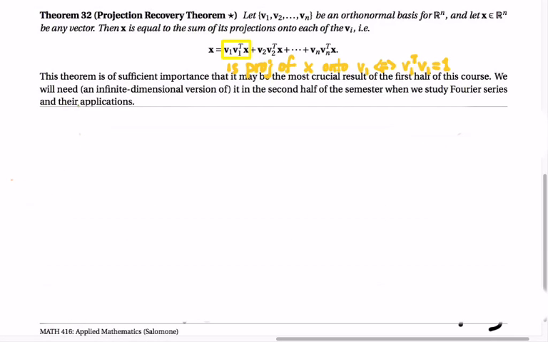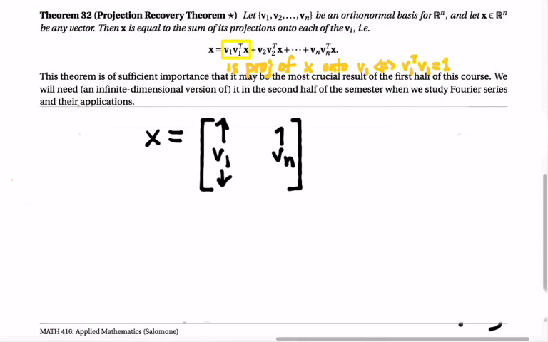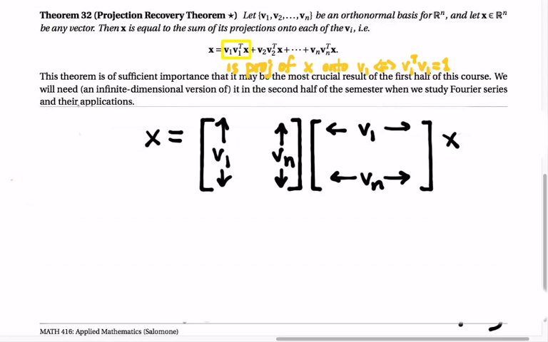So where we had left this proof is in the equation that's given to us here, x equals v1 transpose x plus v2 transpose x, and so forth. We argued our way into that being the same as the result of multiplying a matrix whose columns are the v1s up through the vn's, multiplied by a matrix whose rows are the v1s up through the vn's, multiplied by x.